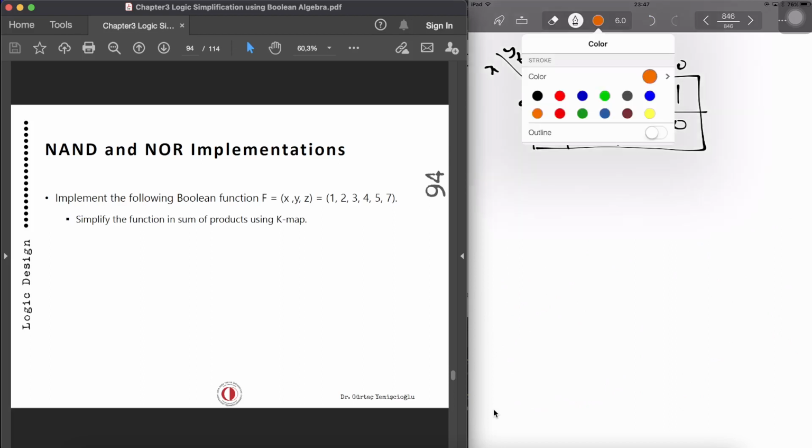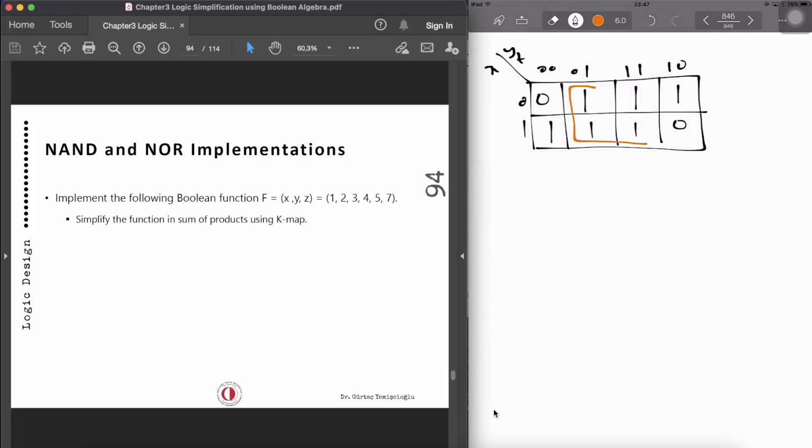So for the combination, I can combine these 4, where x is changing, y is changing, so it's just z. And then I have to do these two, which is x and y prime.